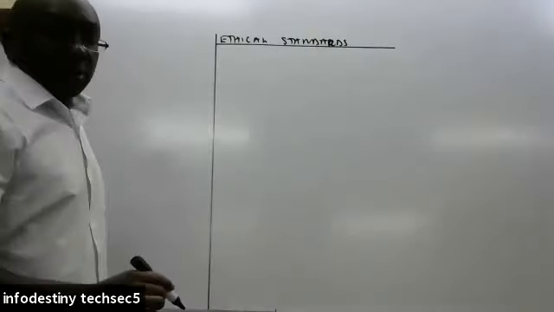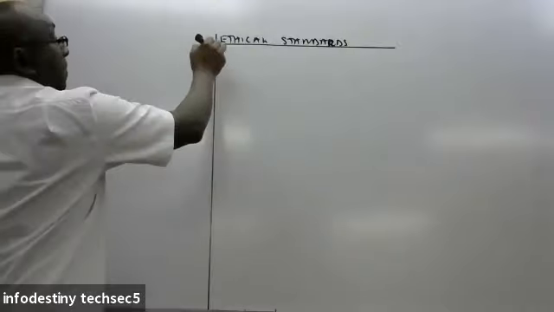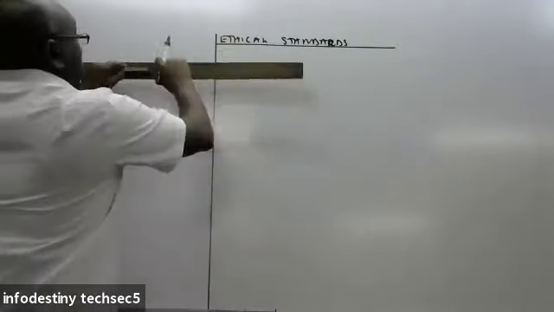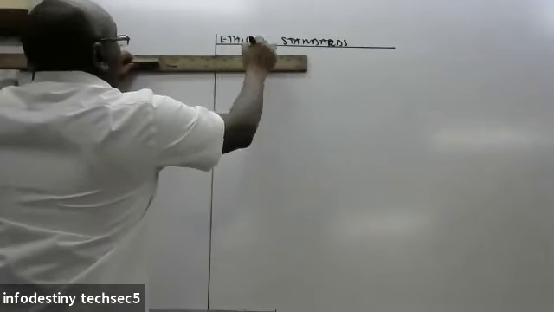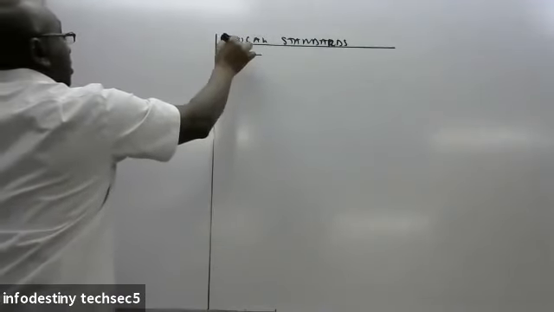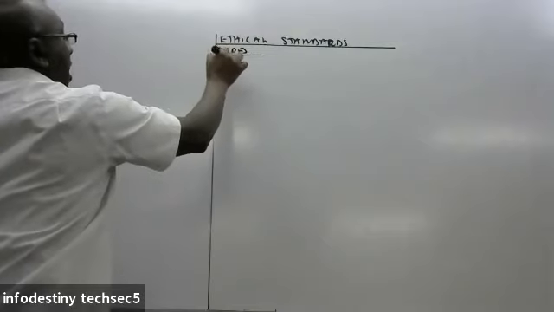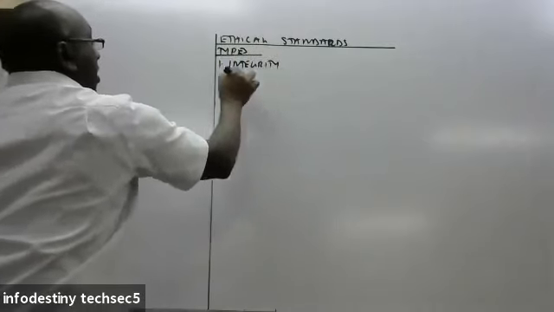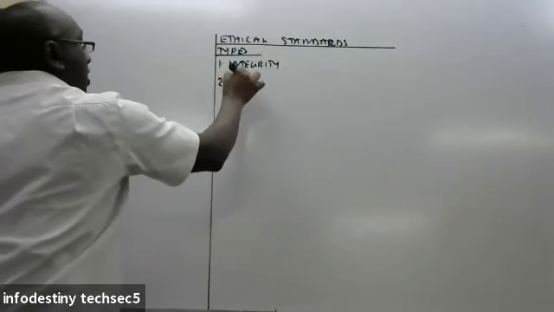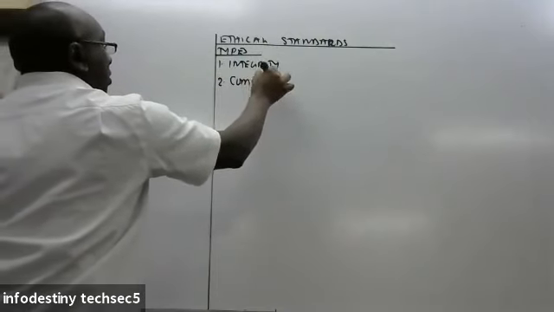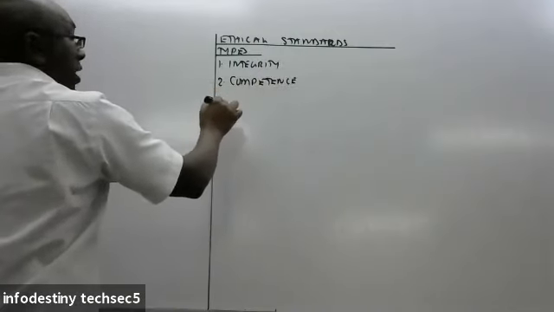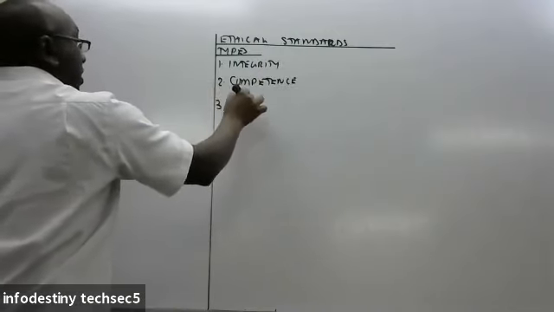Now, just to remind ourselves, the categories that we have: number 1 is called integrity. Number 2, competence. Number 3, objectivity.